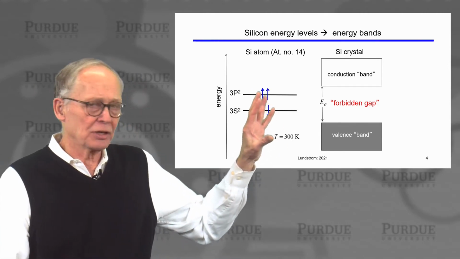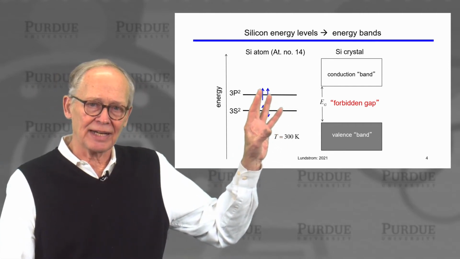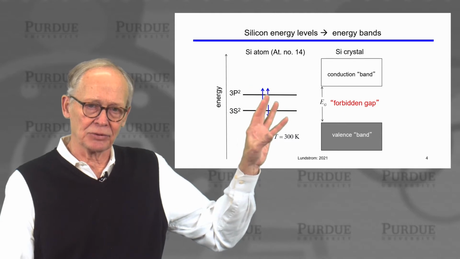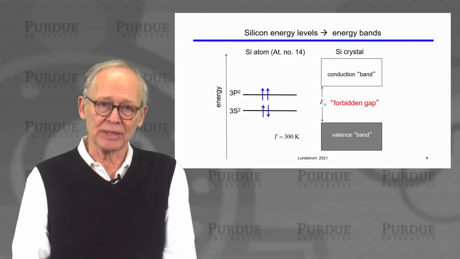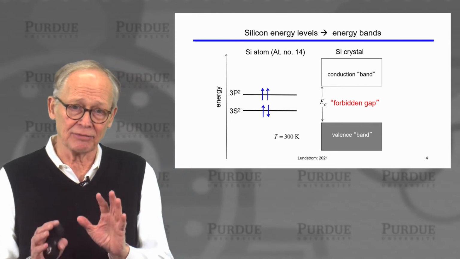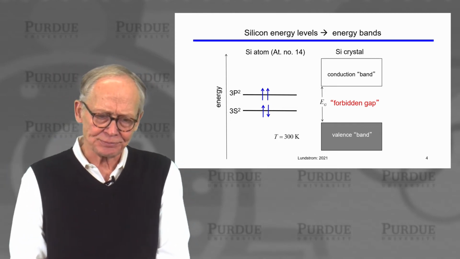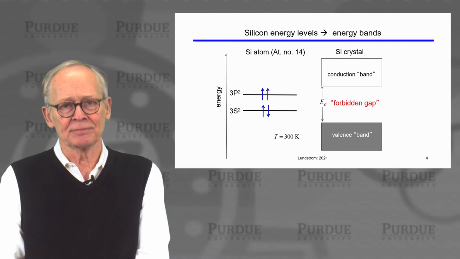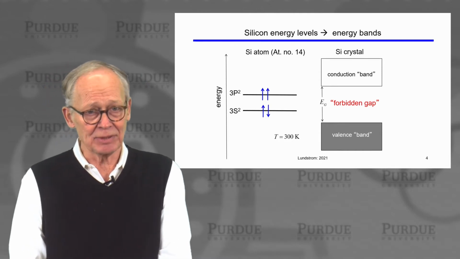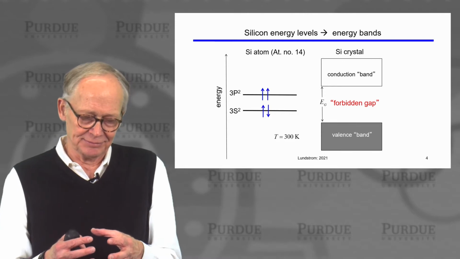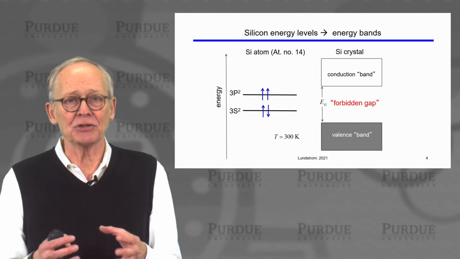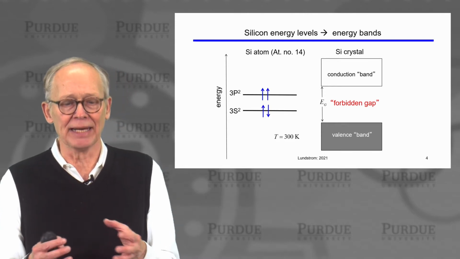So these are the 2 uppermost, highest energy levels of an isolated silicon atom, the valence electrons, the 3s and the 3p states. We have 4 valence electrons. When silicon crystallizes in the diamond lattice, the energy levels from adjacent silicon atoms interact and smear out and become bands.